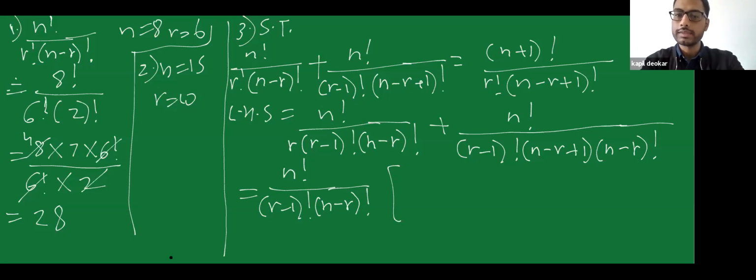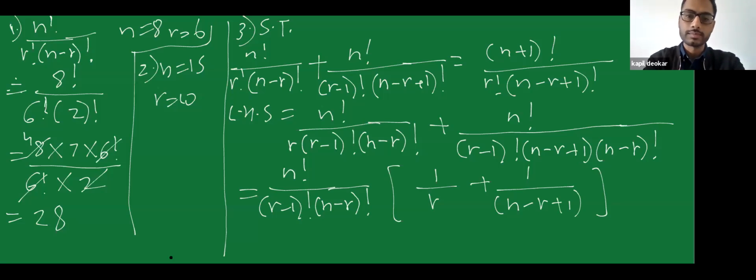So what is left over here? 1 by r plus 1 upon, over here I'll have n minus r plus 1. Therefore, next n factorial upon denominator term would be as it is, which is r minus 1 factorial, n minus r factorial.